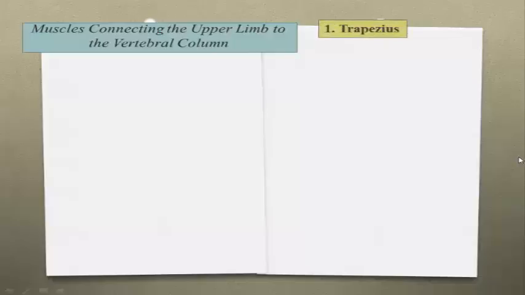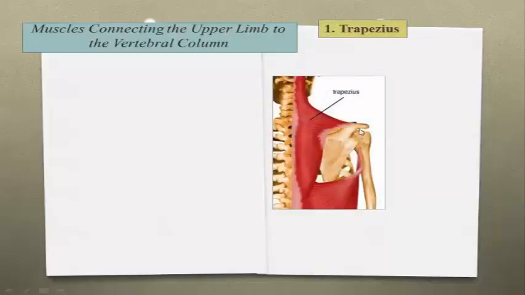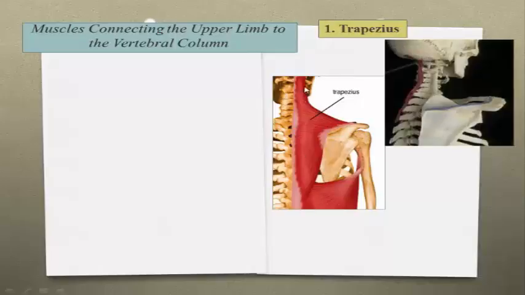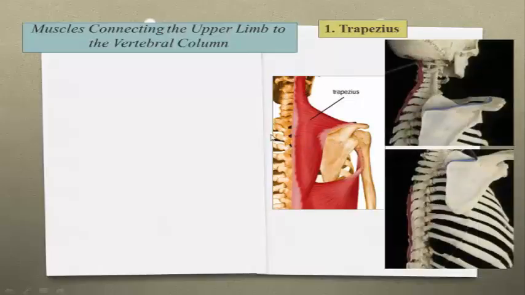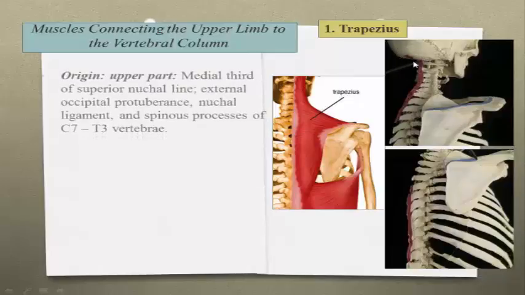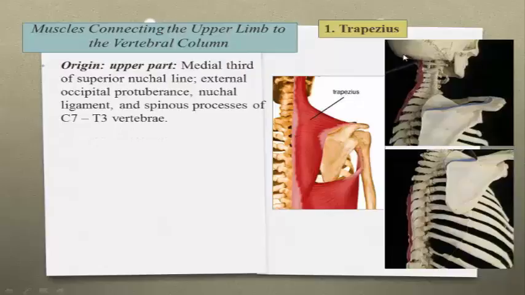Now let's look at those muscles on the back. The trapezius muscle is large and superficial. It's a complicated muscle and it has two parts, the upper part and the lower part. The upper part arises from the external surface of the occipital bone, where we have the occipital protuberance and the nuchal line, the nuchal ligament, and from the line below, there we have the spinous processes of C7 to T3 vertebrae.